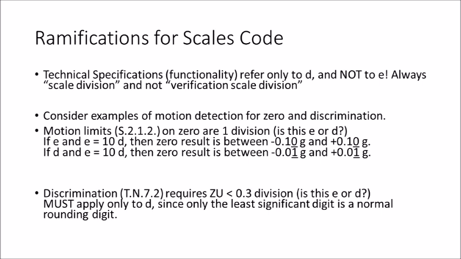There's a motion detection requirement when you press the 0 button. And it says it has to be stable within plus or minus 1 division. And is this E or D? Well, think about it.